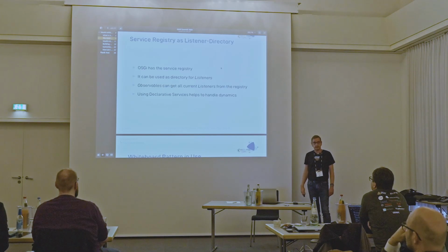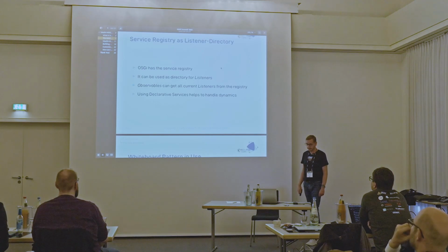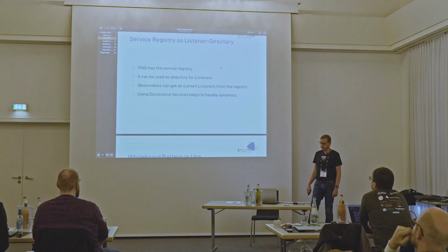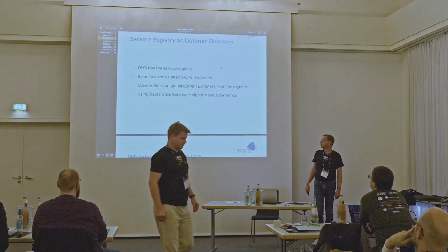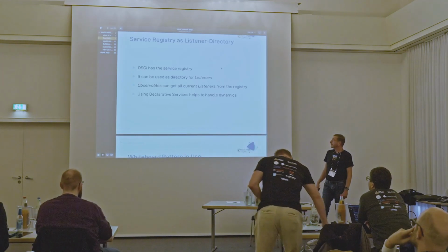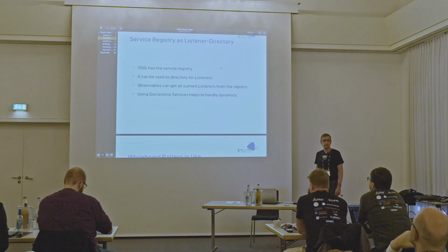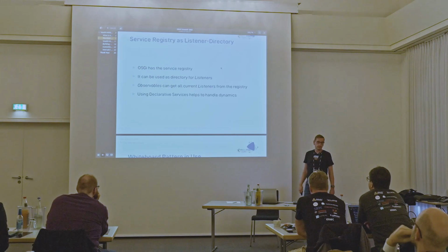That's why there's a different solution for fixing that classic listener pattern. In OSGi, we just use the service registry as a so-called listener directory. So an observer can ask the service registry at any time, give me all your listeners.